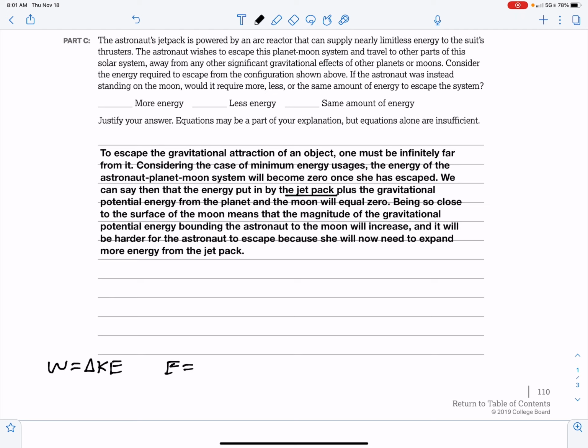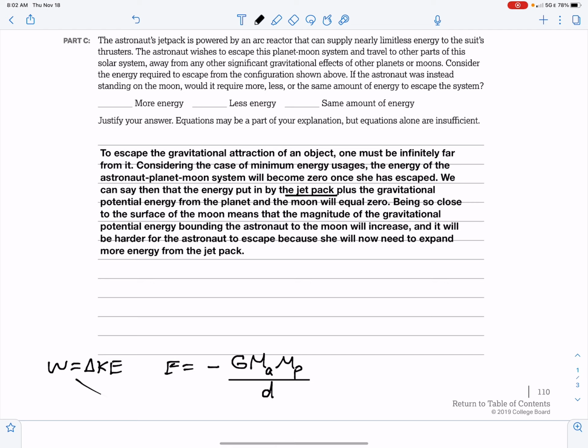So the total energy would be the work, and this will be derived in class at a later time. But we have the negative G times the mass of the astronaut times the mass of the planet over D, the distance to the planet.